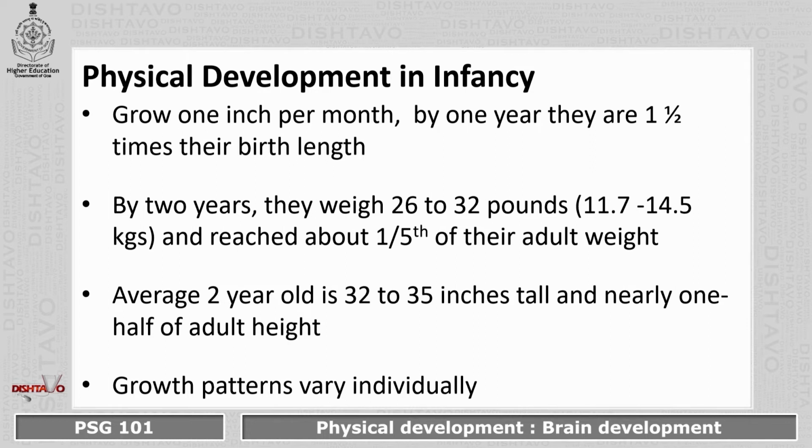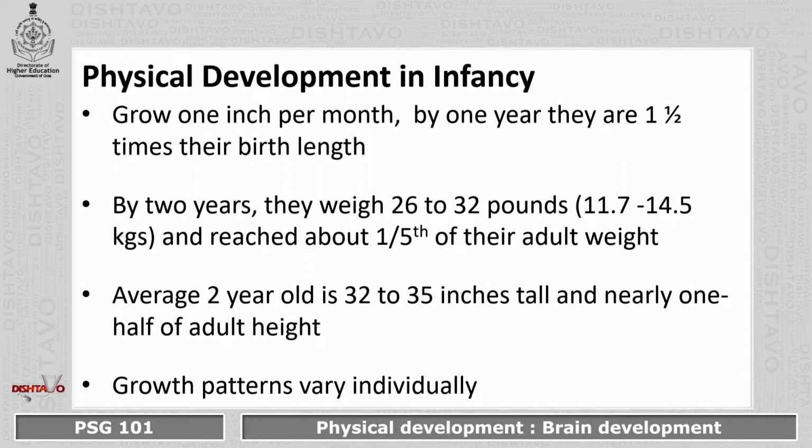At age 2, they have reached about 1/5 of their adult weight. The average 2-year-old is 32 to 35 inches tall, which is nearly 1/2 of adult height. However, growth patterns vary individually.